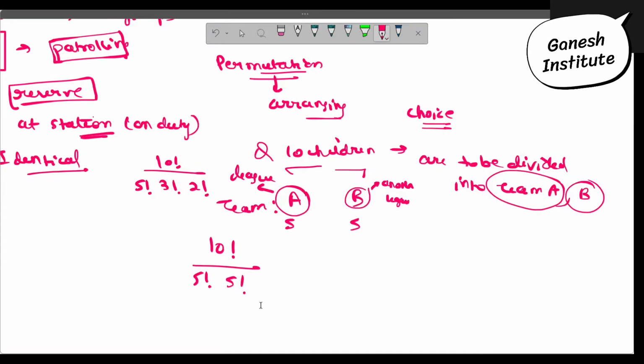I'll repeat the question. There is a game of basketball. 10 children have to play that game. So they divide themselves into two teams of five each.